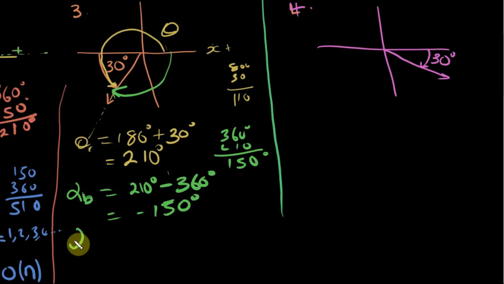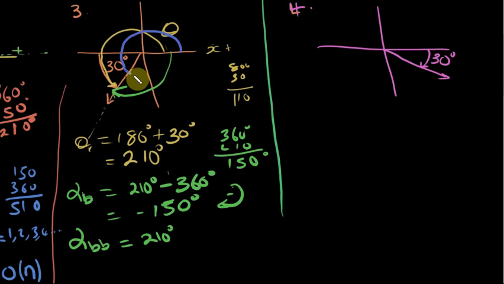So if I want to get a clockwise one and a counterclockwise one, this one is in the clockwise direction, which is negative. If I want to get a counterclockwise one, let's call it B, I would say 210 degrees. The counterclockwise one would be in this direction. Positive sign moves all the way there.